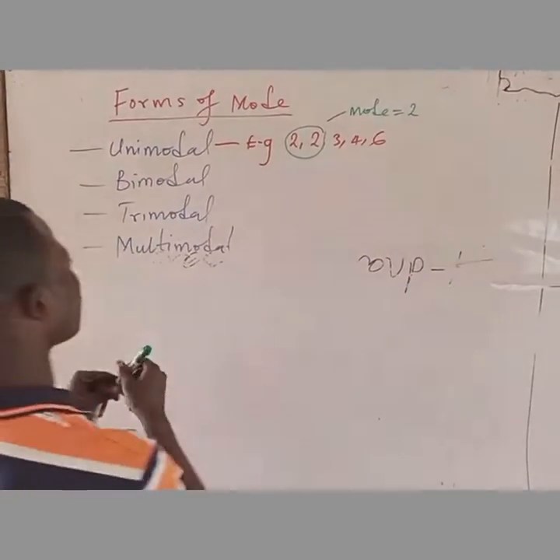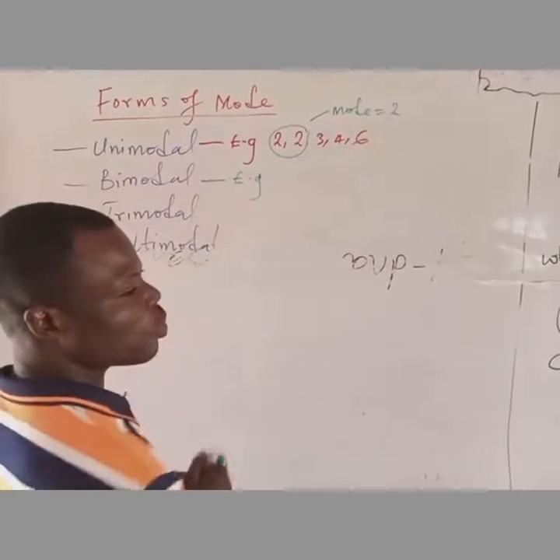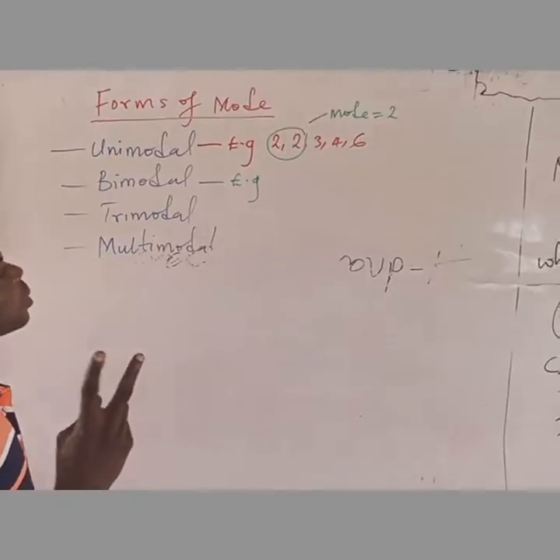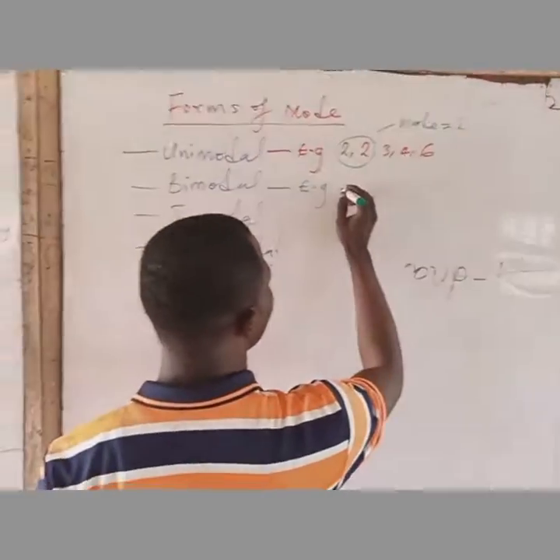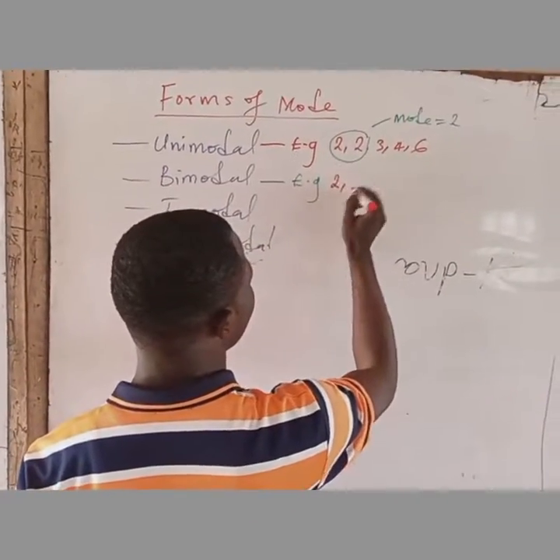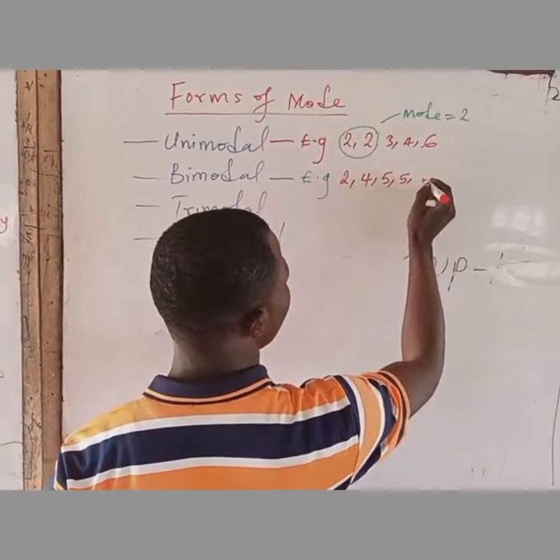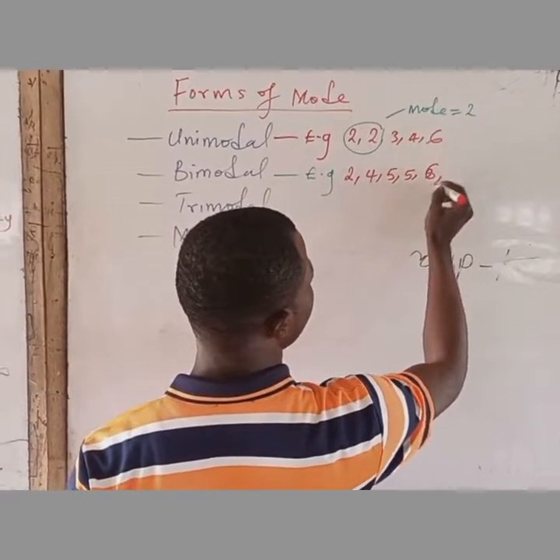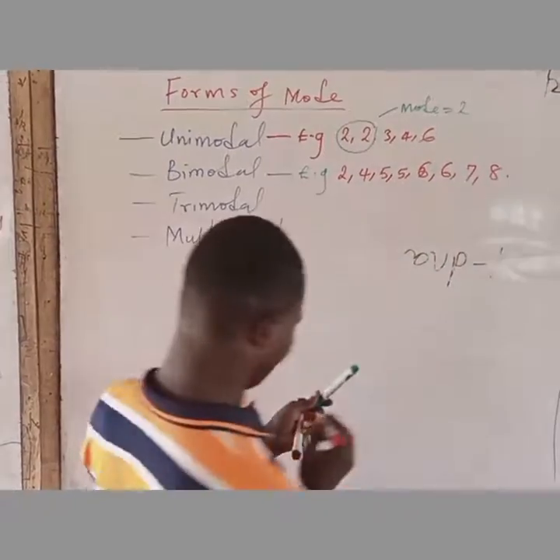But when you have two numbers having the same mode, like 2, 4, 5, 5, 6, 6, 7, 8.